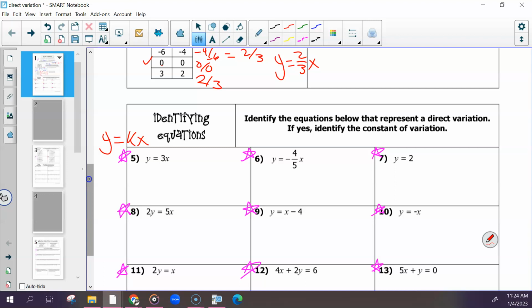Is 5 a direct variation based on that format? Does it have a y, a k value, and an x? Yes. So this would be direct variation, and we would say our k value is the number in front of x for this group.